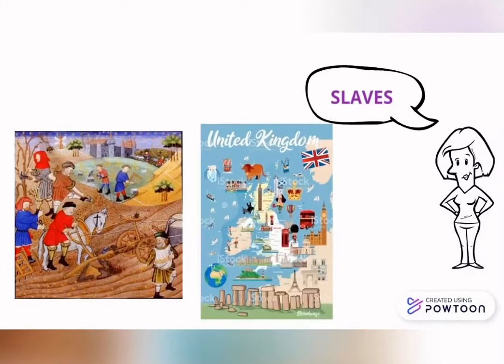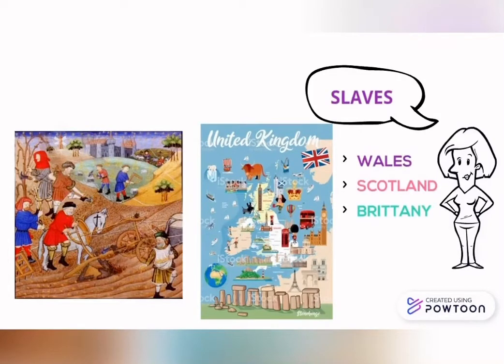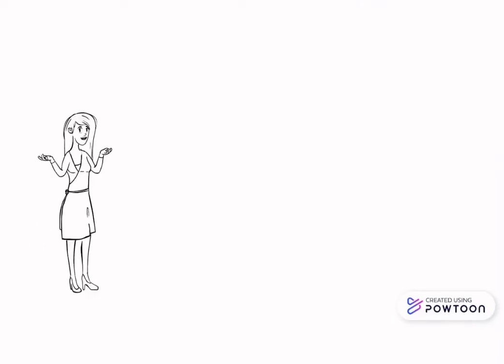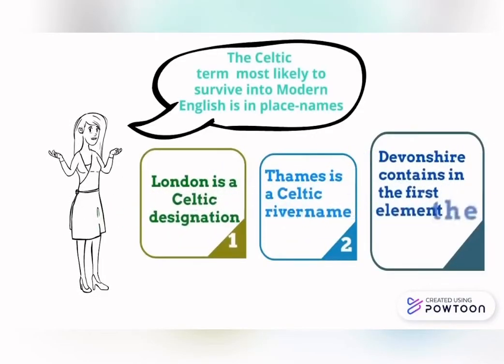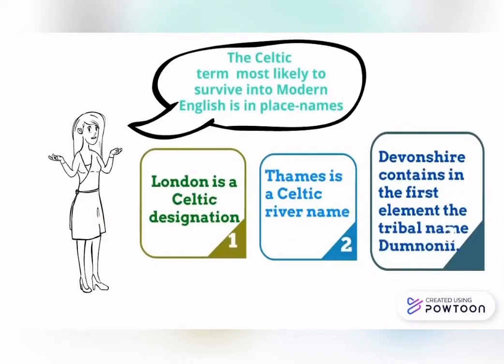They stayed in England rather than fleeing into Wales, Scotland, and Britain. Remember, the Celtic terms most likely to survive into modern English are in place names. For example, London is a Celtic designation. Thames is a Celtic river name. Devonshire contains in the first element the tribal name Devon.